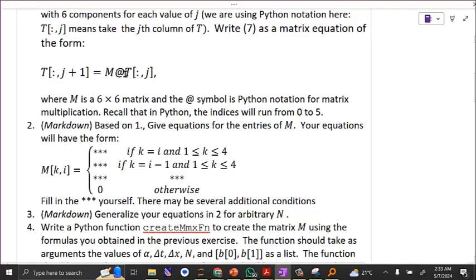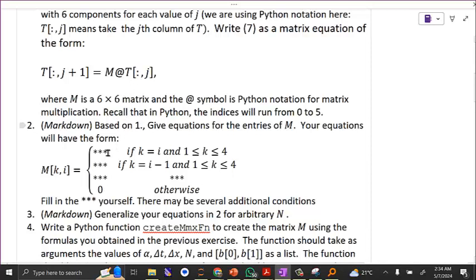If you remember, in the text you have an equation for T at time j plus 1 in terms of the values of T at time j, and you can write that as a matrix equation. If you have 6 values of a space index, then it's going to be a 6 by 6 matrix.